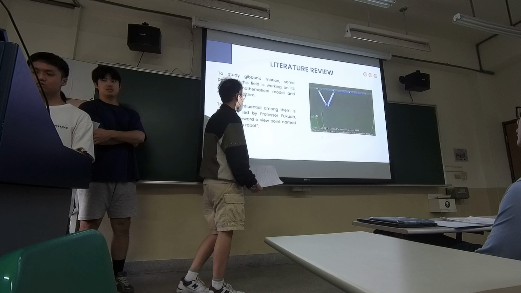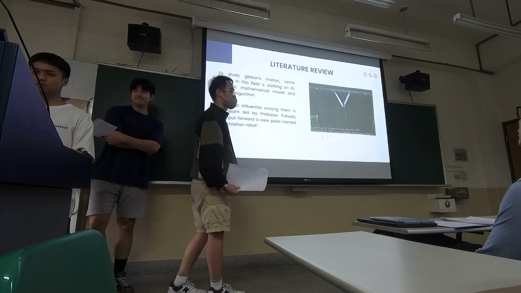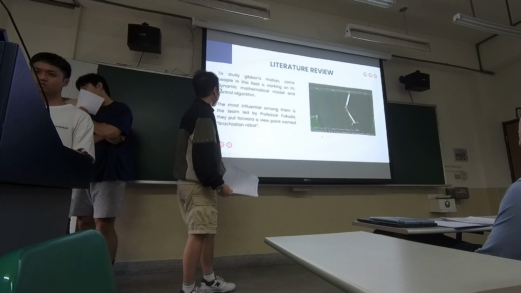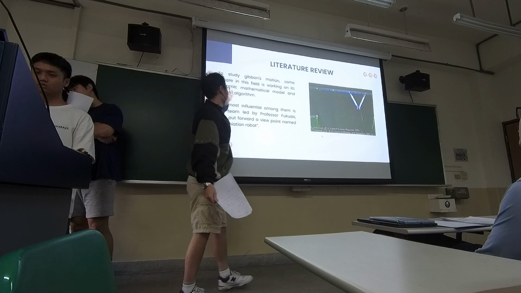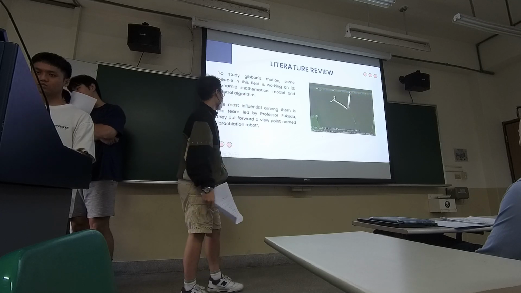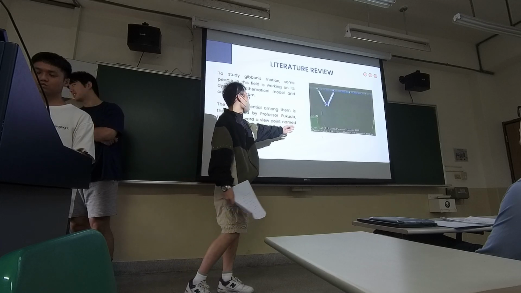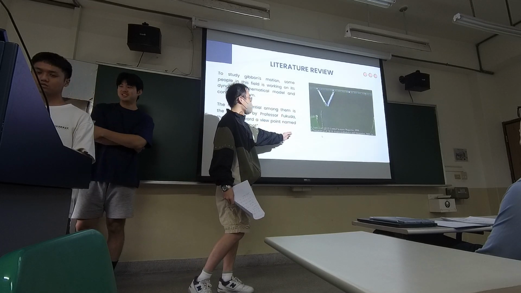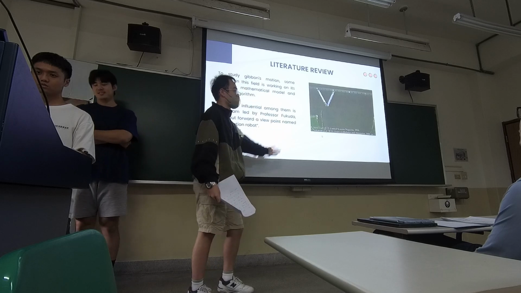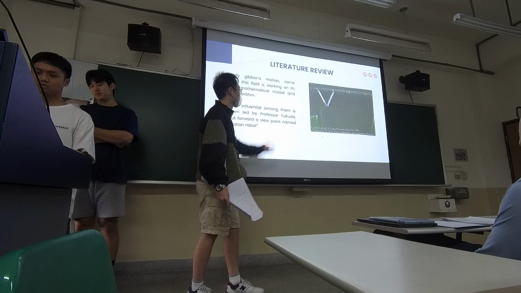Many people in this field study this motion, and we are working on the dynamic mathematical model and algorithm. And the most famous team is led by Professor Fukuda, and this is their research video.